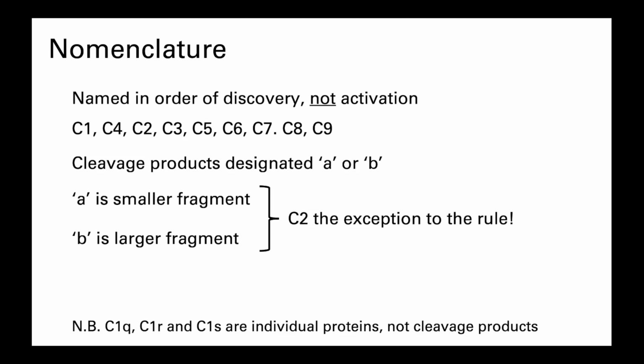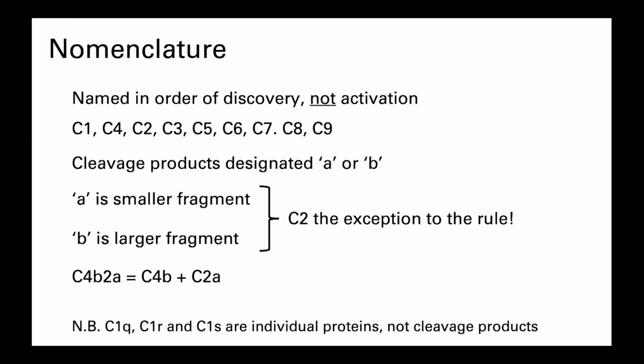Note as well that the C1 proteins are called C1q, C1r, and C1s, and these are not cleavage products, but distinct proteins. When we write out complement complexes, we always write them in the order that the proteins bind. So as an example, C4b2a would be a molecule of C4b, bound to a molecule of C2a.